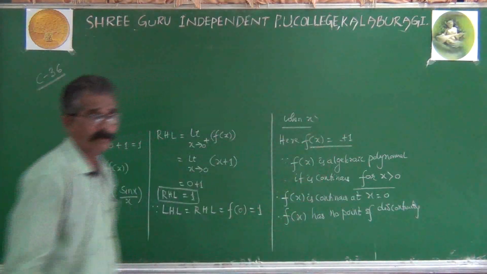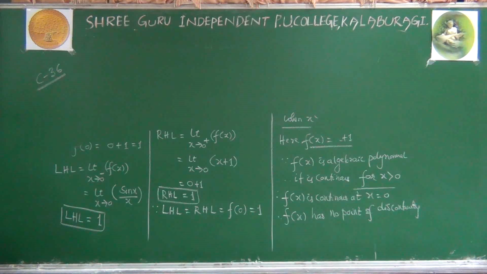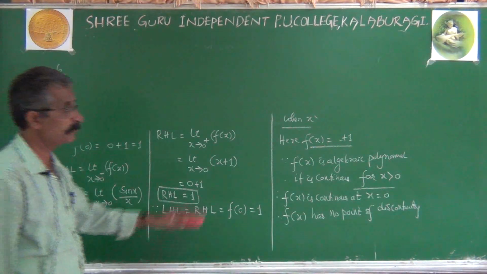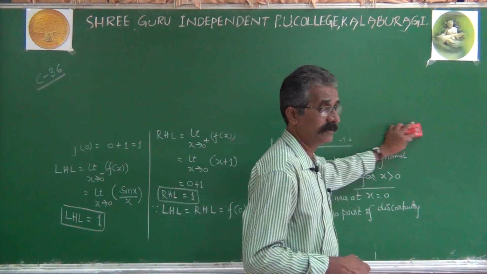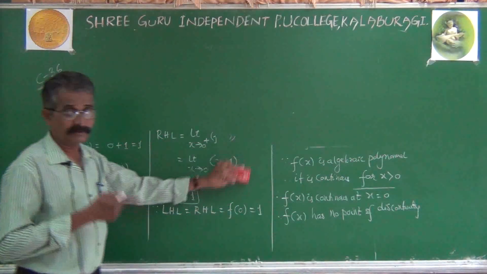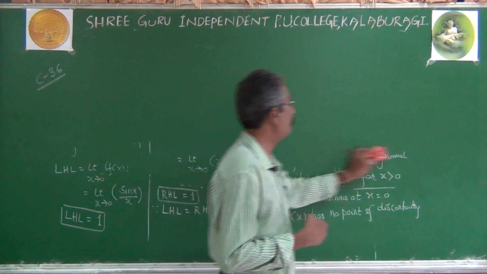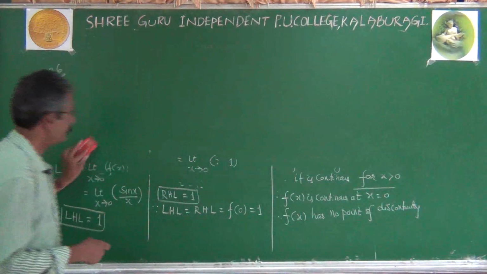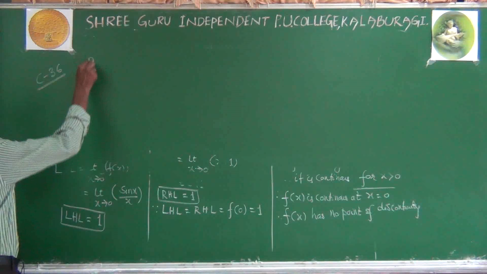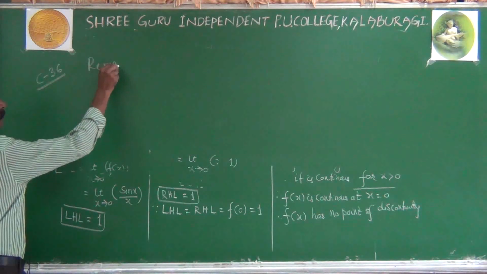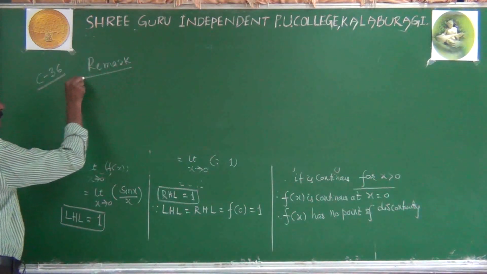Already you might be knowing very well in the topic relations and functions about composition of two or more functions. So here we deal with such composite functions to discuss continuity of a given function. You write a remark, it's actually a theorem, but the proof is beyond the scope.